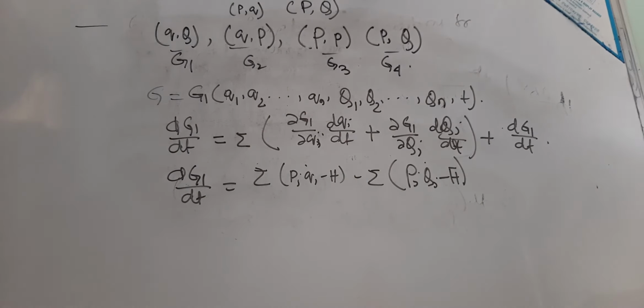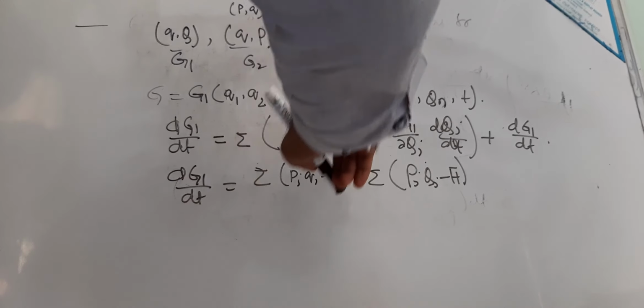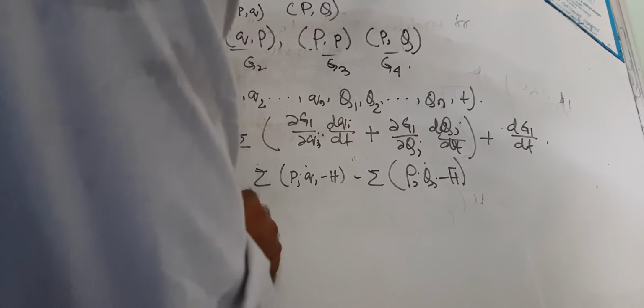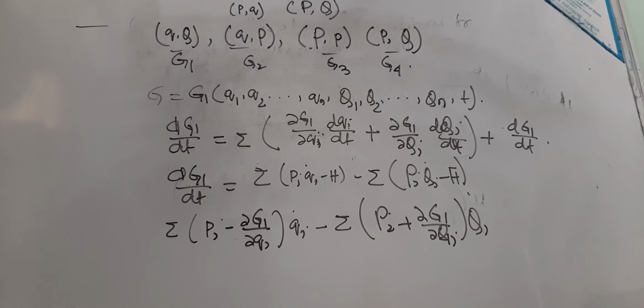So the left-hand side equals this side, and therefore it is written as summation of (pi minus del G1 by del qi) qi dot, minus summation of (capital Pi plus del G1 by del Qi) Qi dot, plus H bar minus H minus del G1 by del t, equal to 0.